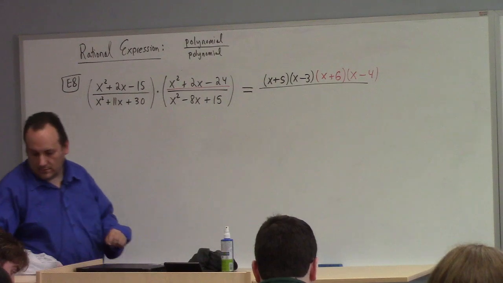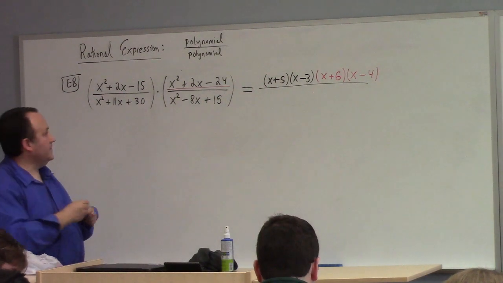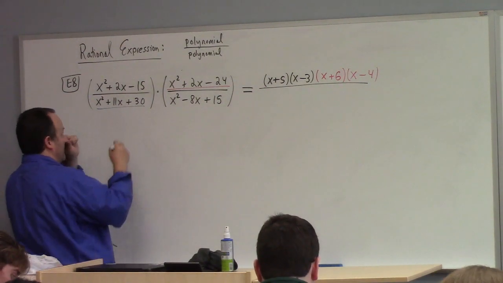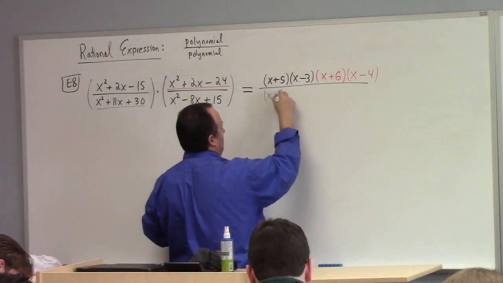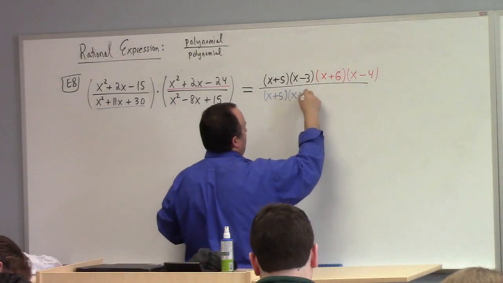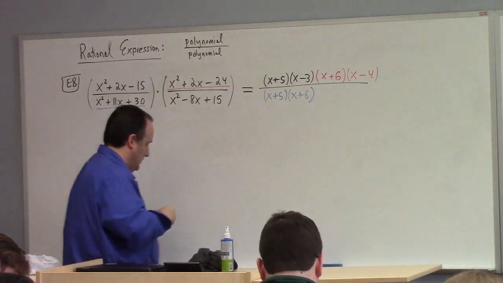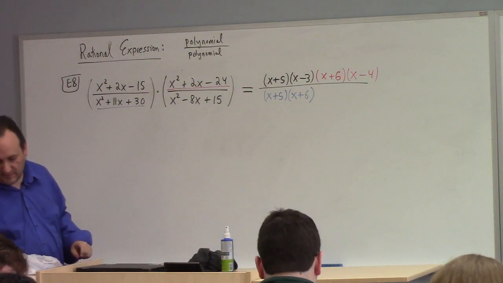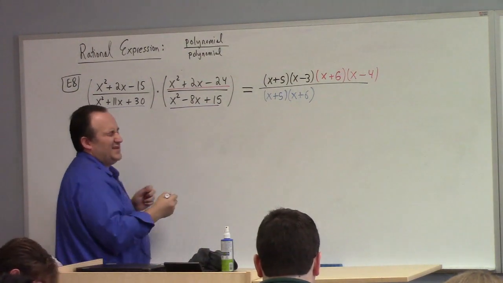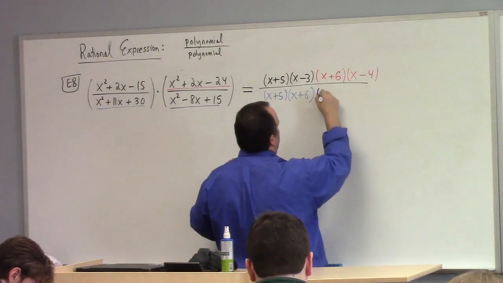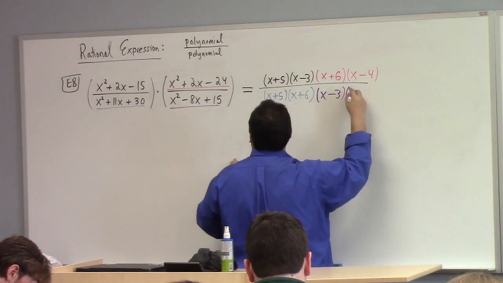Then, what we got here? Well, 30 is 5 times 6, so that's x plus 5 times x plus 6, all right? Last but not least, we've got this one here, which to me looks like an x minus 3, x minus 5.